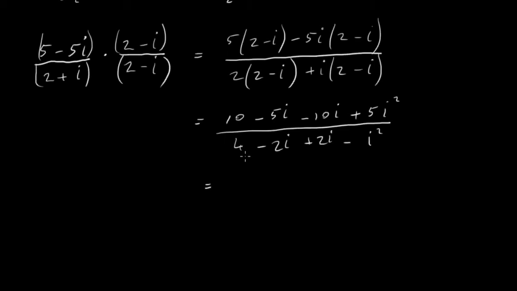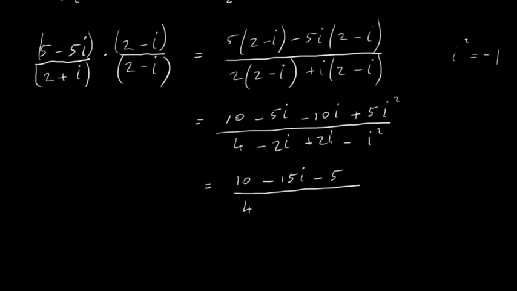So we should find that the i's will disappear on the bottom. Let's see, do they? On the top we end up with 10, and then we've got minus 5i minus 10i, that gives me minus 15i. Now remember i squared is just minus 1, so minus 1 times plus 5 is minus 5. Now on the bottom the denominator is 4.